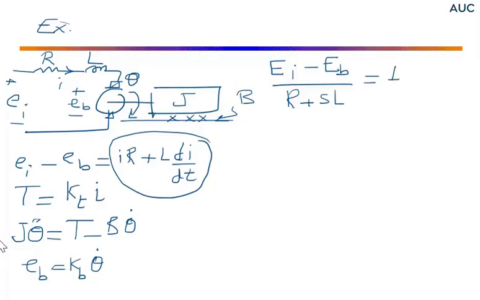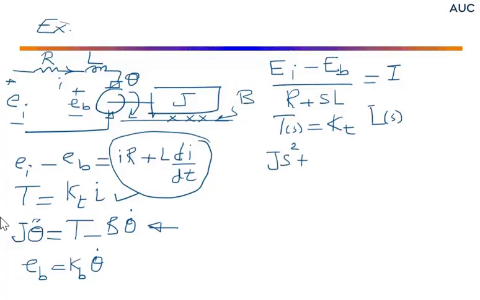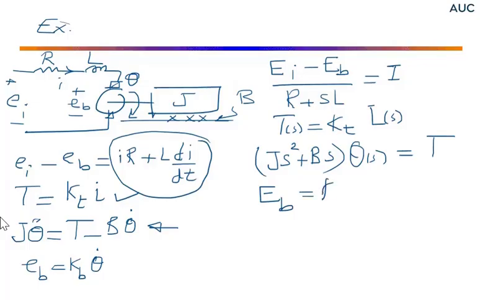That should be equal to the current I. The second equation is just an algebraic equation, so torque will be equal to Kt times I. Finally, we have from the mechanical equation (Js squared plus Bs) times theta equals T, and the last equation would be Eb equals Kb times s theta. So now I have represented all equations in the frequency domain.